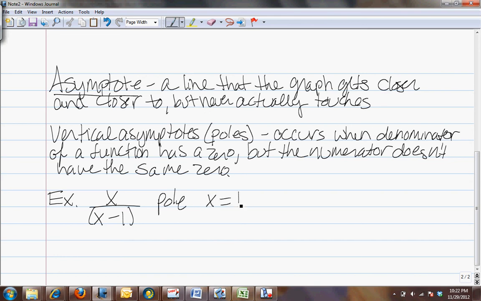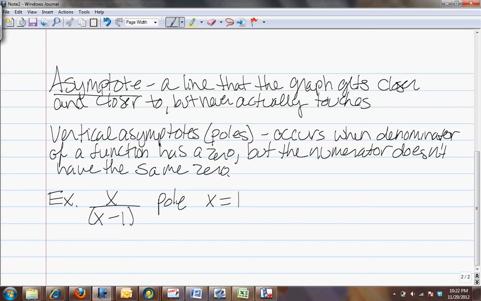X equals 1. The reason is x equals 1 is something that this function wouldn't be able to be evaluated at, because if you plug in 1, you're going to get 0 in the denominator, which would make it undefined. So the pole is x equals 1, and the graph would get closer and closer to this but never reach it.